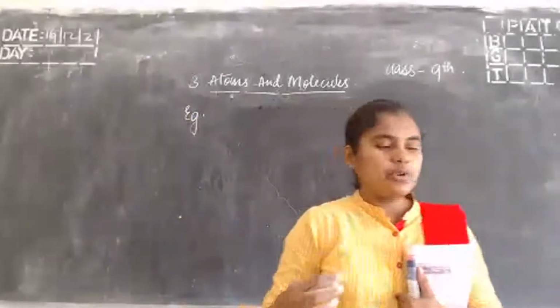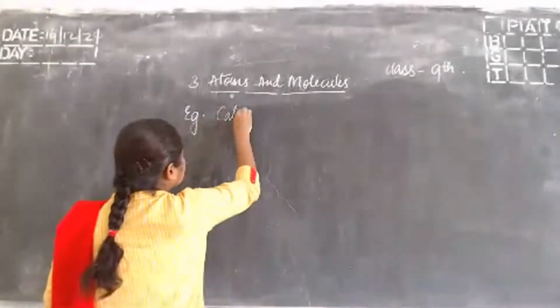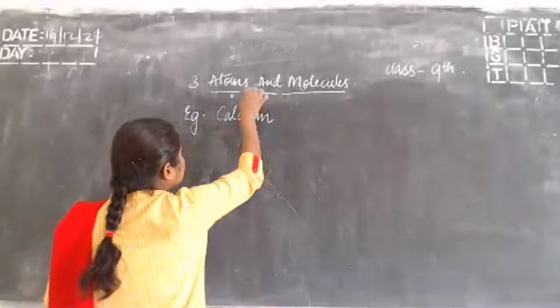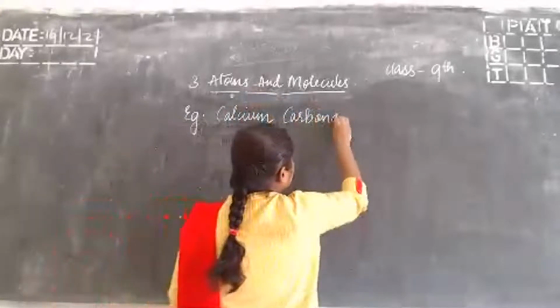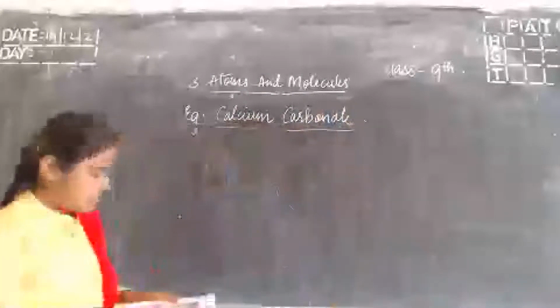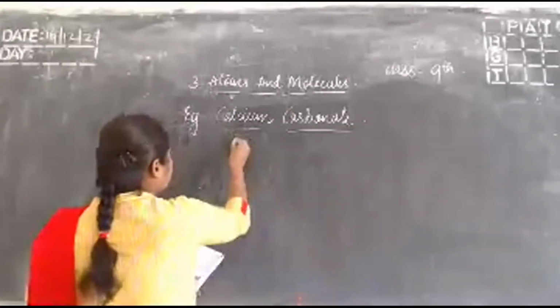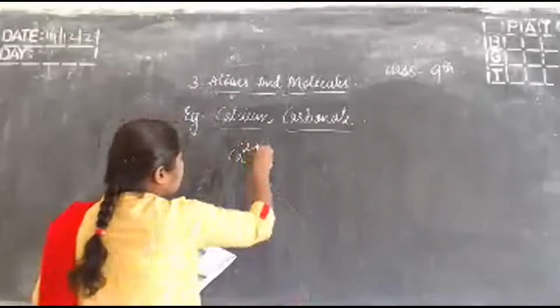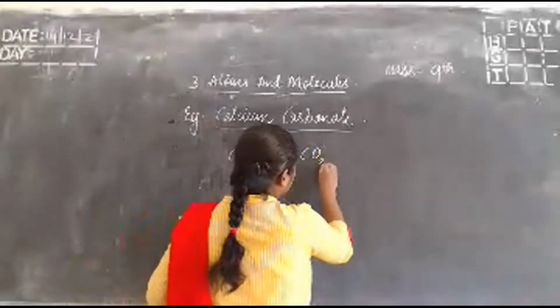First, take the example of calcium carbonate. From that table, calcium has the symbol Ca2+. Then carbonate has CO3 2-.